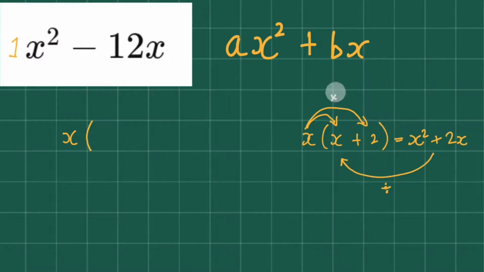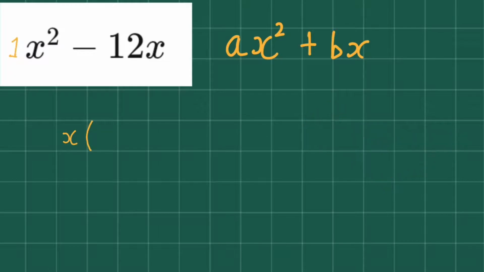And division is how we find out what is left in the bracket because it's the opposite. So how would I find out what's left in this bracket? I would take the first term and divide it by what I took out, which was x. Now, x squared divided by x is just x. Then I would take my second term, remember that a negative belongs to that, and divide that by x.